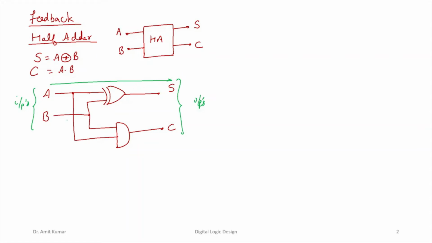That is, there is no feedback mechanism. Similarly, to realize the carry, there is one particular way by which we can reach from the input to the output. That is why we say there is no feedback present in combinational logic circuits.